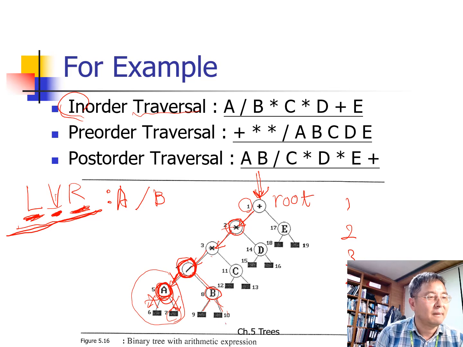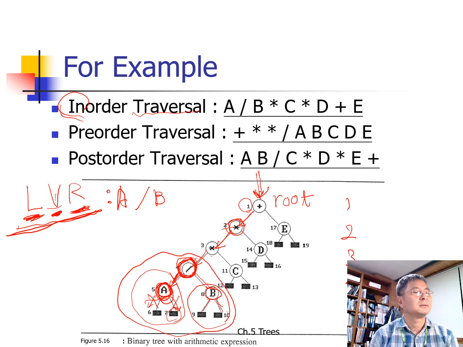Okay, so B is now finished. So we go back to the parent. So at the parent, now L, V, R is finished. That means that all of these nodes are finished. So we can go back to the parent of this one.